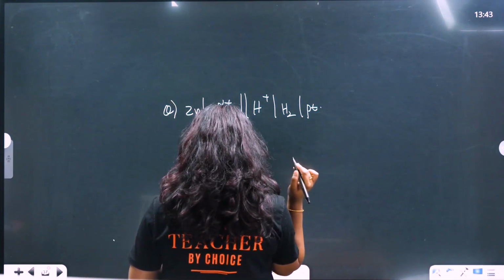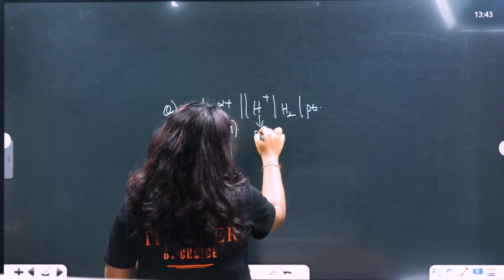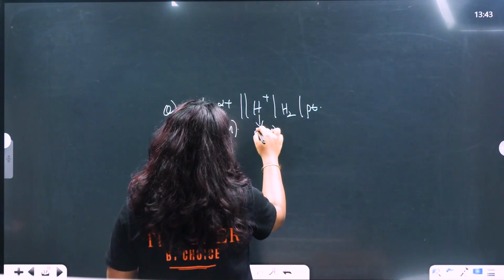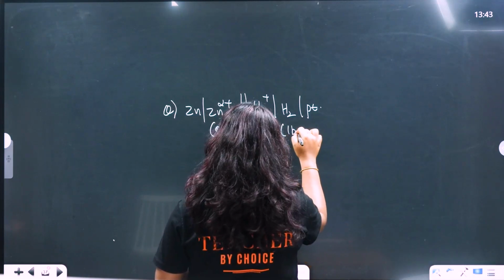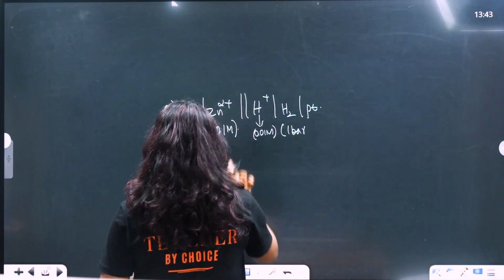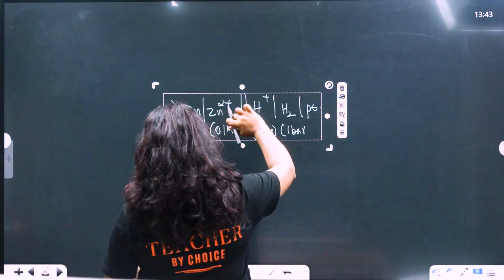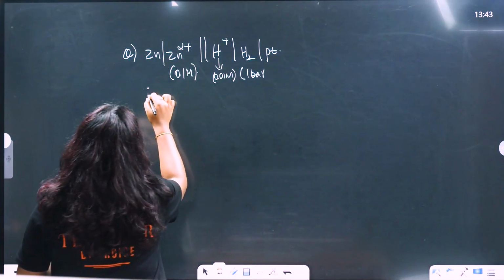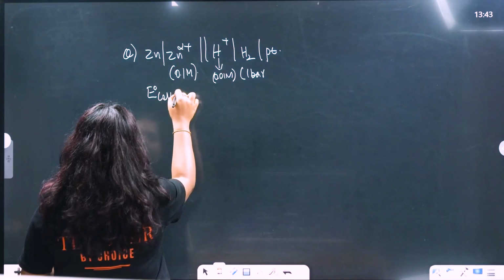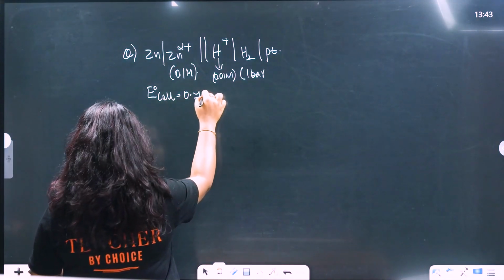H plus is 0.01 molar, and then 1 bar pressure. They also give you the value of E naught cell is equal to 0.76 volt.